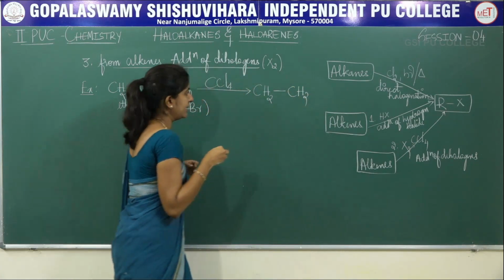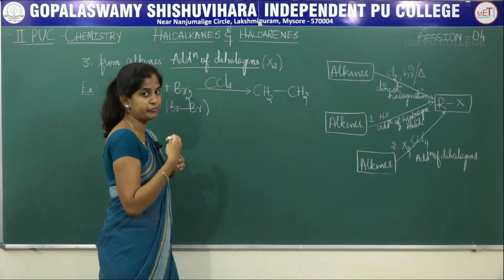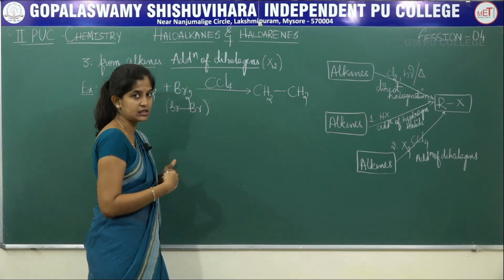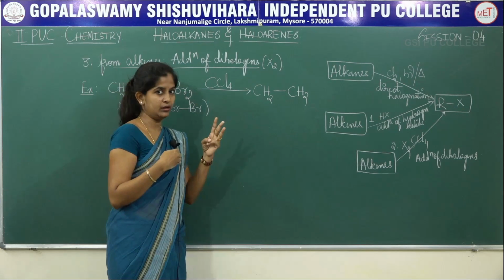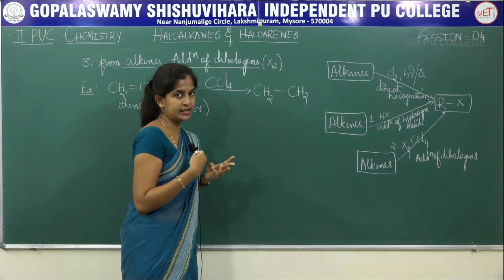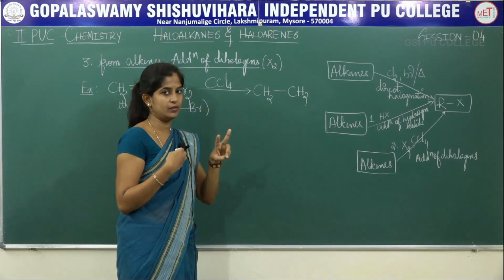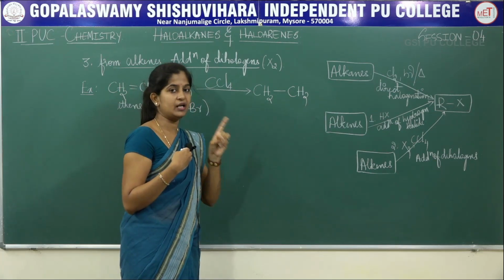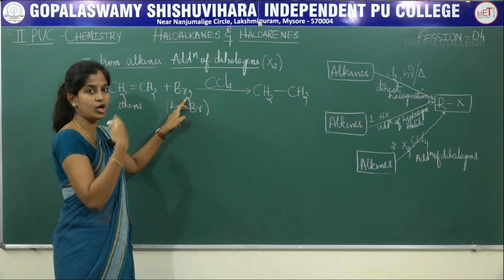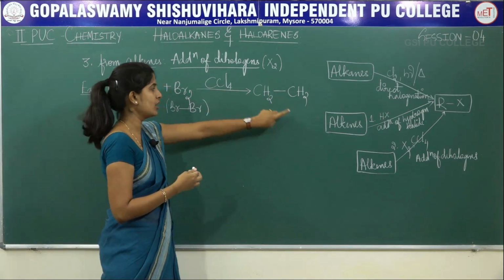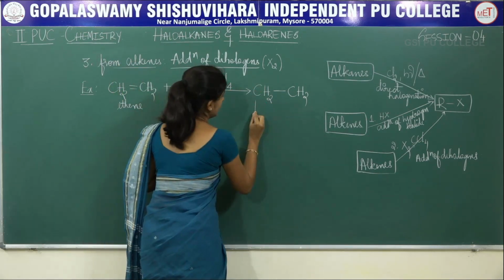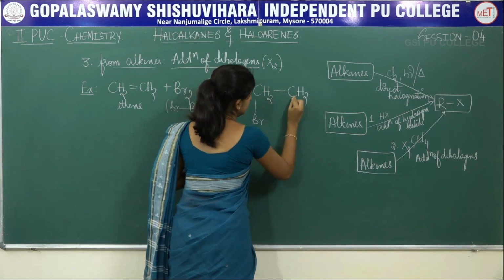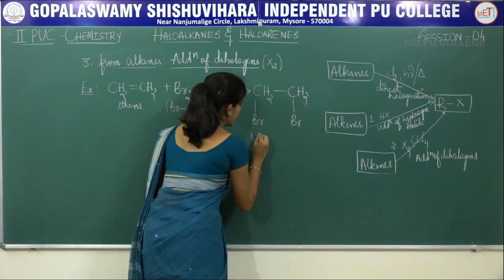So remember, by addition reaction, the bond order goes on decreasing. If there is a triple bond and you add a molecule across it, it becomes a double bond. If you have a double bond and you add a molecule across it, it becomes a single bond. So one molecule for each bond. So this becomes Br, this becomes Br.